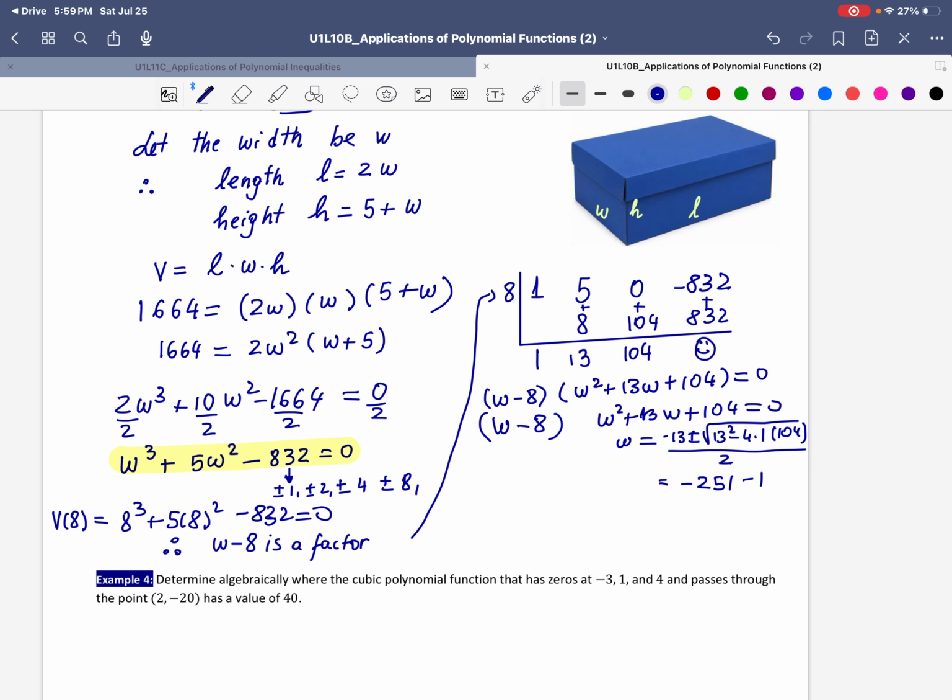And then minus 13 here over 2. So the square root of a negative doesn't exist. So we're going to say that no solutions are coming out of this factor. So w equals 8 is the only solution.